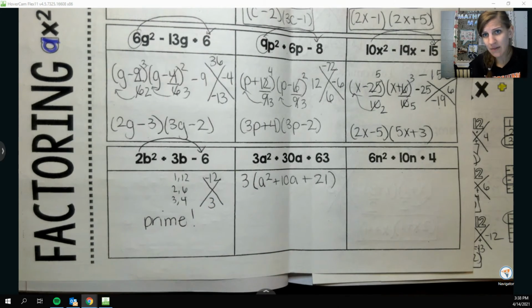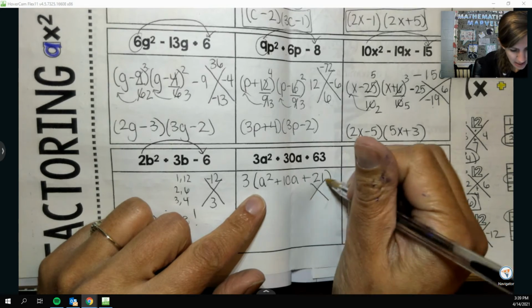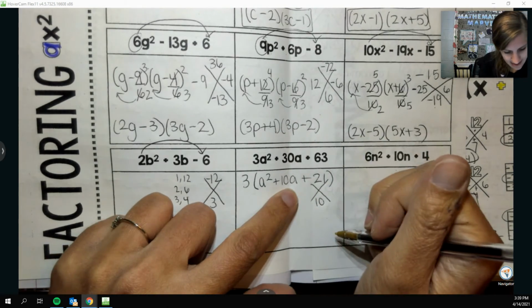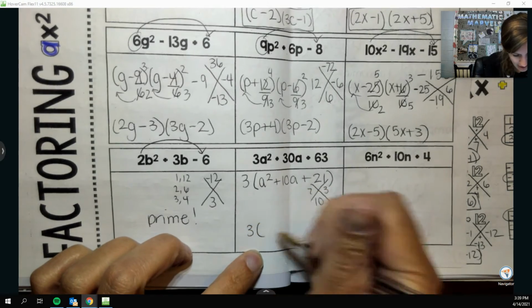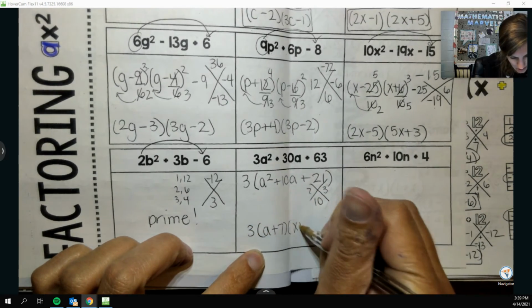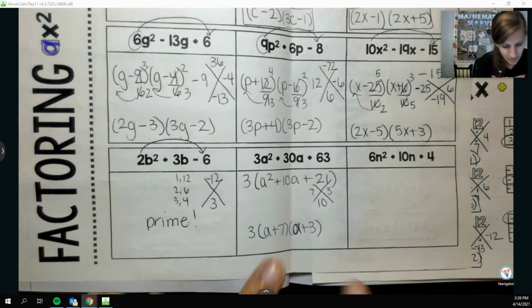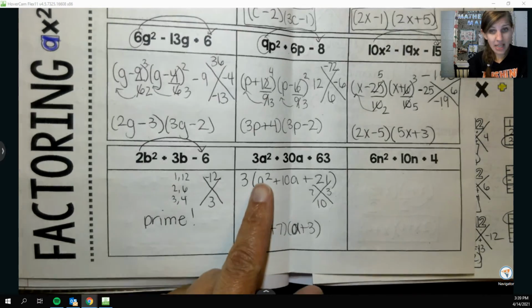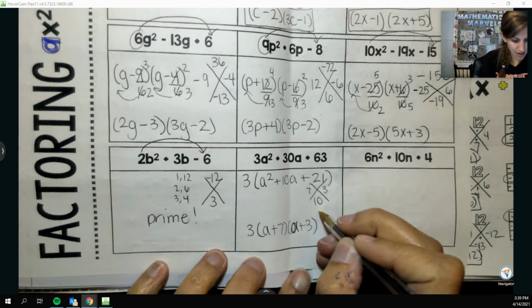Like the 3, I already factored it out. I'm done with that. I just need to now think about what multiplies to 21 and adds to 10, and that's 7 and 3. So 3 is still chilling out front, but now I'm going to do my a plus 7, a plus 3. Oops, I said it, but I didn't write it. A plus 3. And because there was nothing to slide over, there's nothing to divide out. And so there you go.